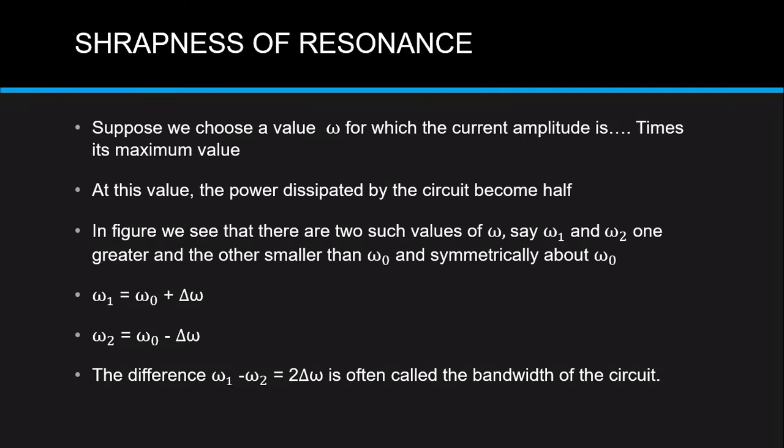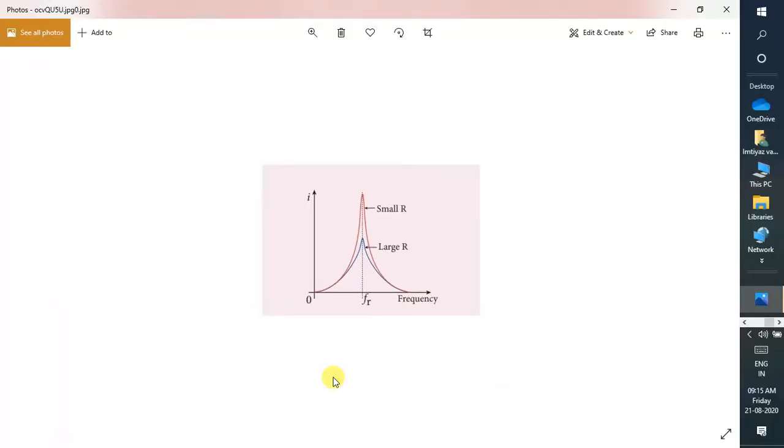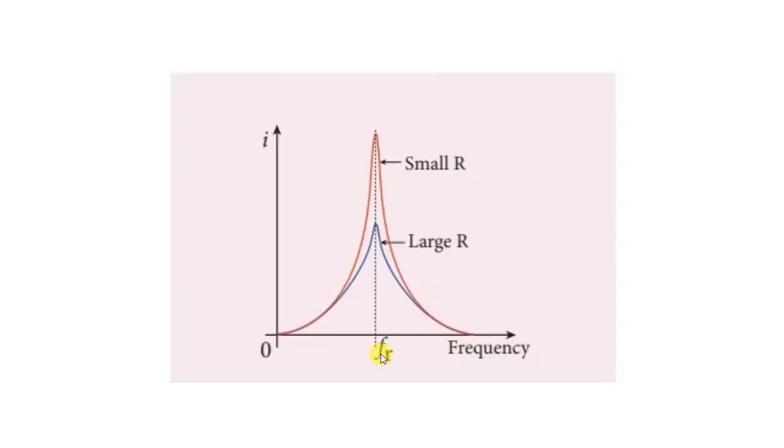Now what do we mean by the bandwidth? Here there are the two frequencies, omega 1 and omega 2.